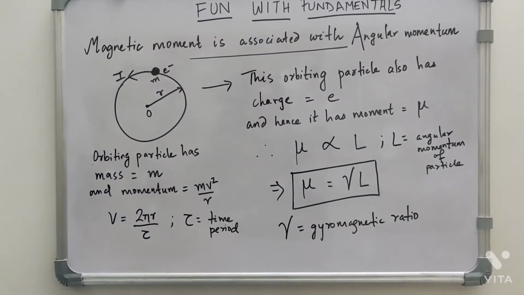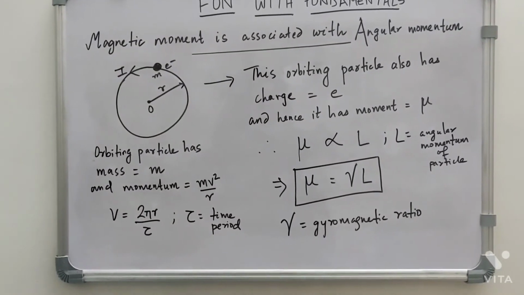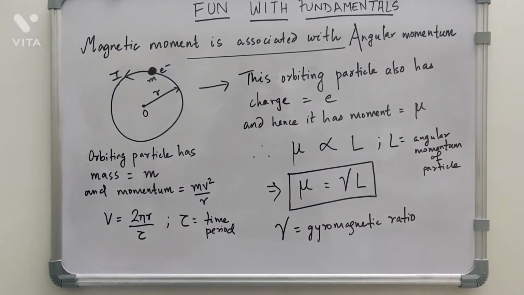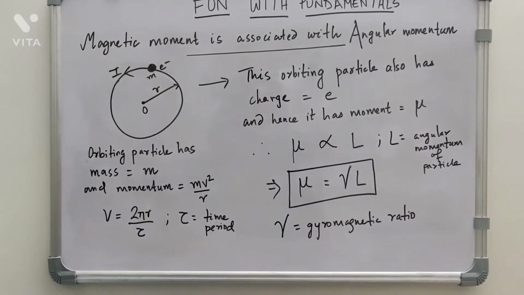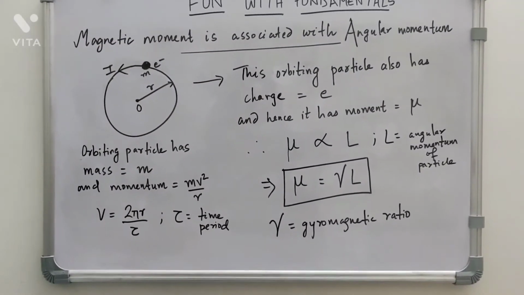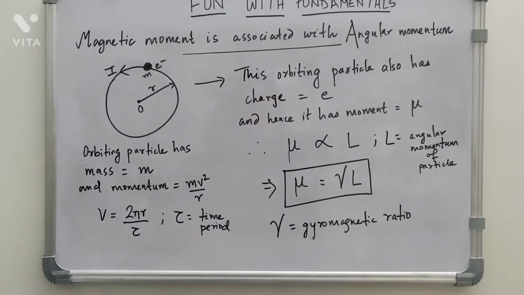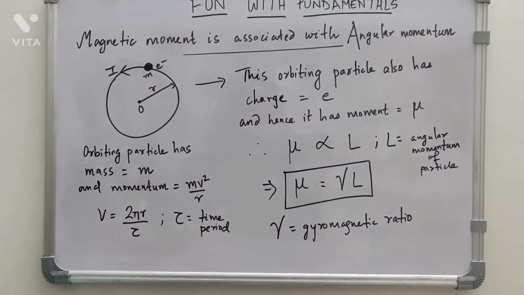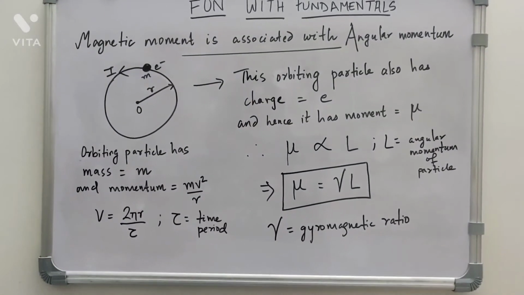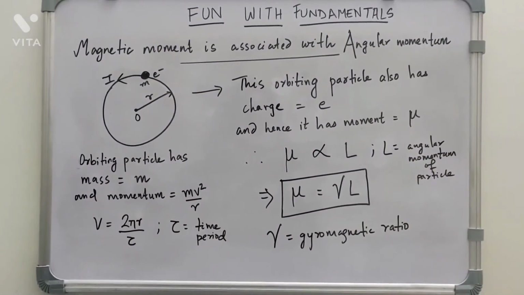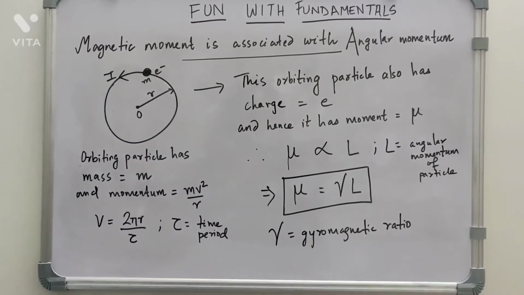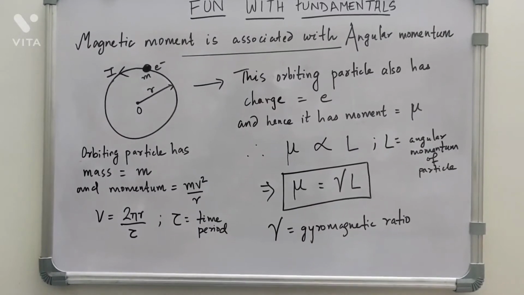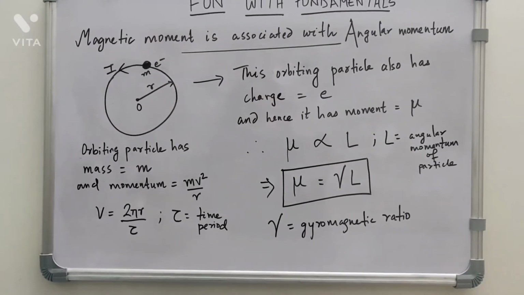Now this orbiting particle also has a charge e and hence carries a magnetic moment mu, which is the product of the current and the area of the loop. Hence, from these two observations, we can say the magnetic moment is proportional to the angular momentum L. Now if you use a constant of proportionality gamma, mu is equal to gamma times L, and this gamma is known as the gyromagnetic ratio.